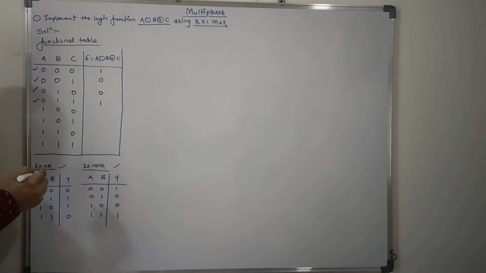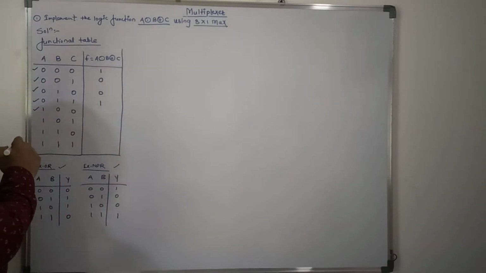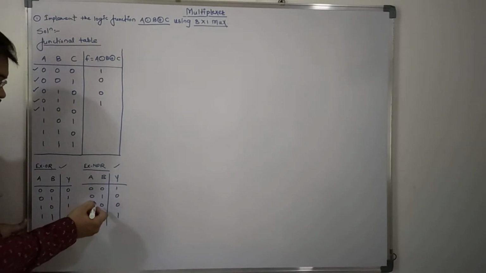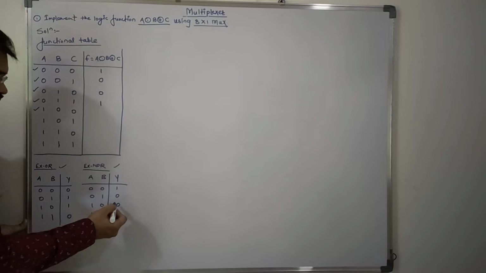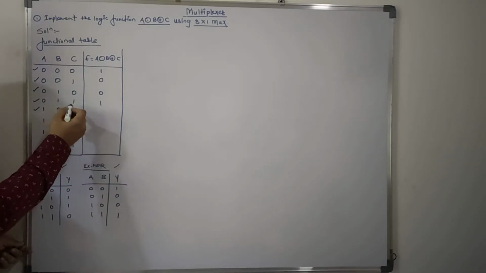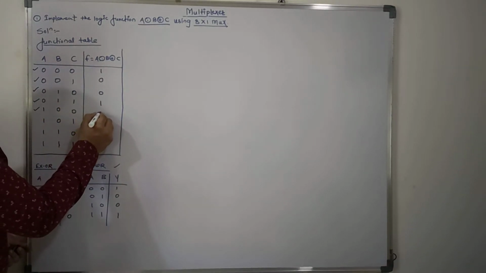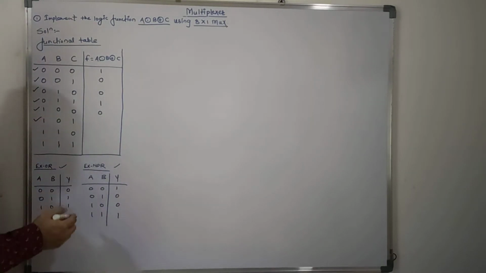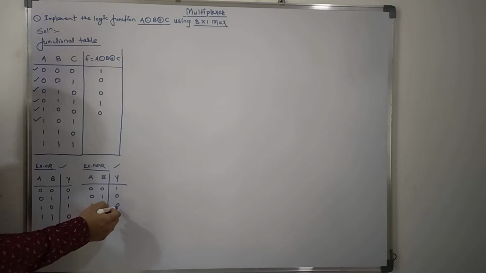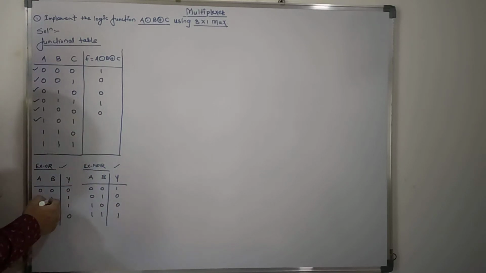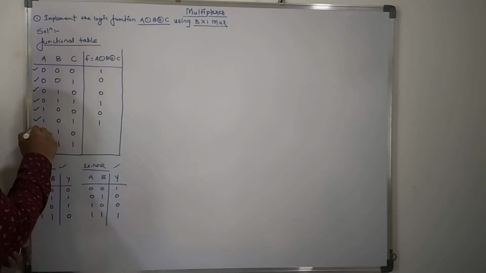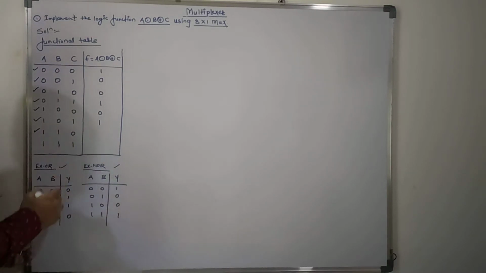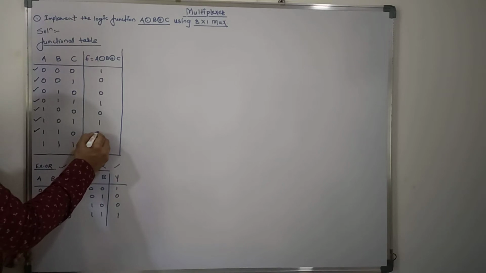Next, the fifth one, 1 0 0: 1 XNOR 0 is 0, and 0 XOR 0 is again 0. For 1 0 1, 1 XNOR 0 is 0, and 0 XOR 1 is 1. For 1 1 0, 1 XNOR 1 is 1, and 1 XOR 0 is 1.